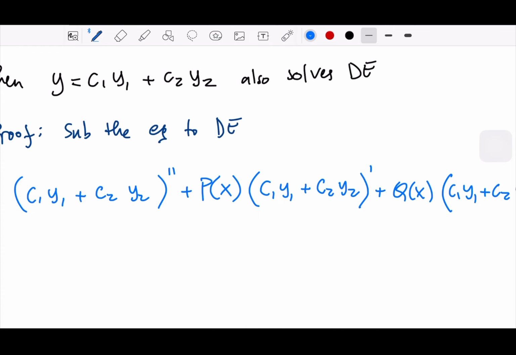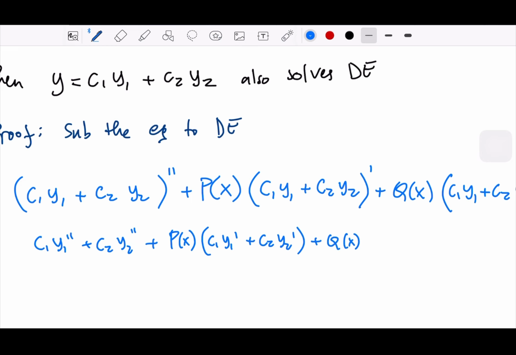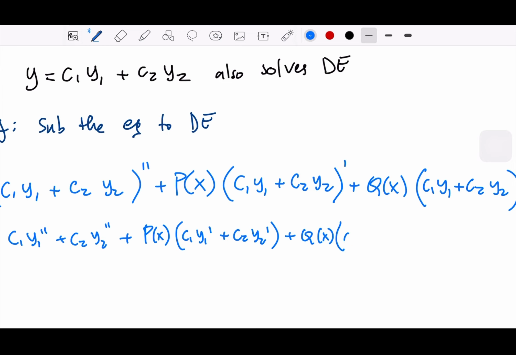So we are going to have c1 y1 double prime plus c2 y2 double prime plus, this is p of x, and we are going to have c1 y1 prime plus c2 y2 prime, and plus q, and just write as it is.